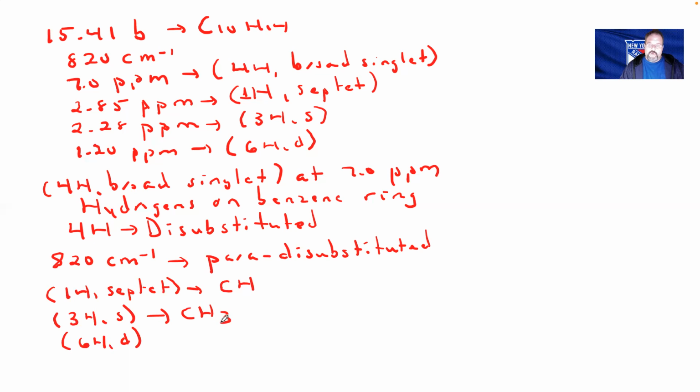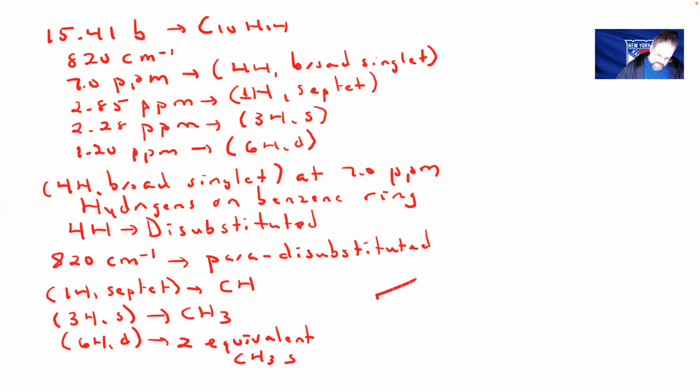So that takes us down to 2 carbons and 6 hydrogens that are left, 1 peak for 6 hydrogens. That means it can't be 6 equivalent CHs, can't even be 3 equivalent CH2s. It has to be 2 equivalent CH3s. And these 2 CH3s have to be different than this CH3 right here.